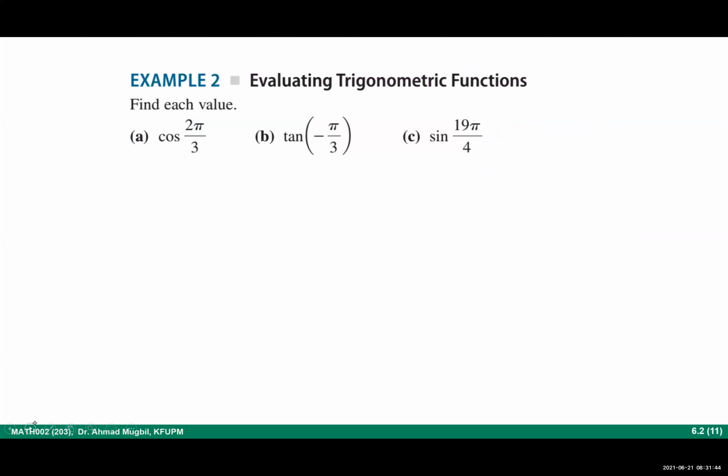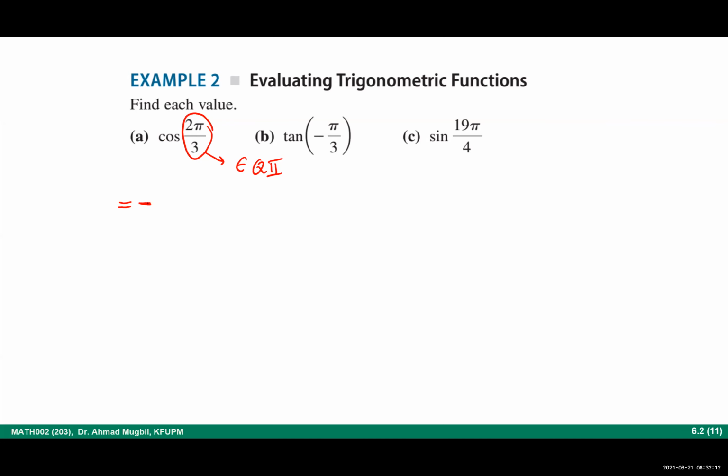How to find the values also, the same as we did in 5.3, ya shabab. How to find cosine 2 pi over 3? You need to ask yourself, in which quadrant is 2 pi over 3? Second quadrant. Because it is in the second quadrant, we will say that this equals what?